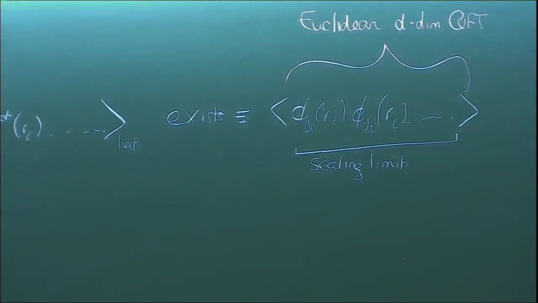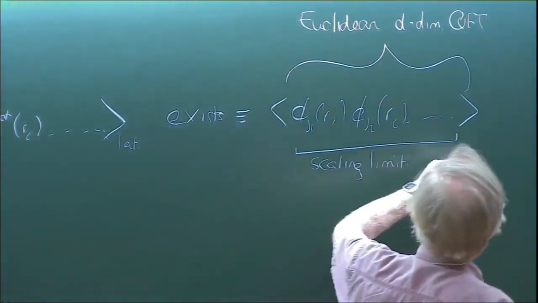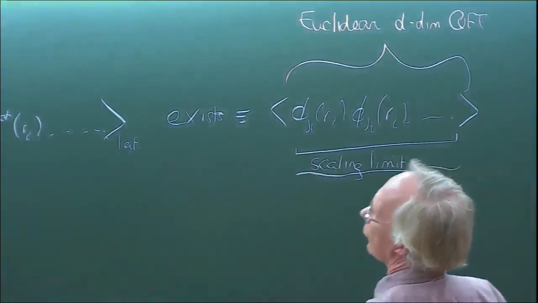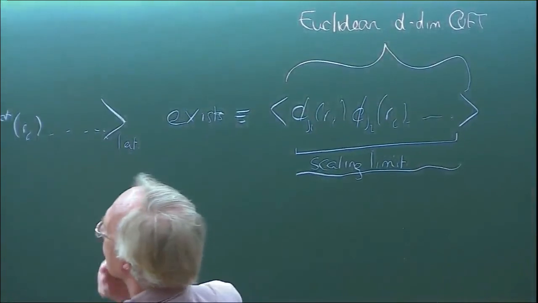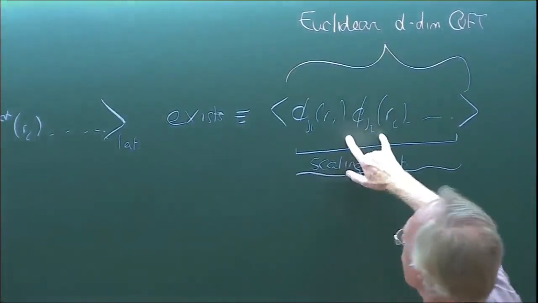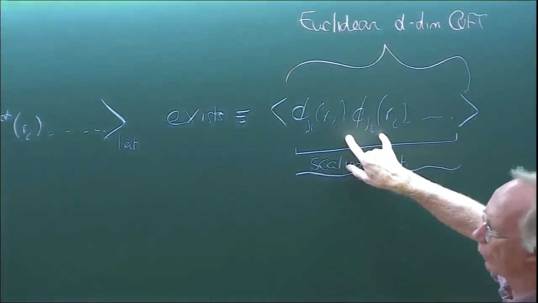Okay, so one consequence of the existence of this limit is that these objects themselves are scale covariant.